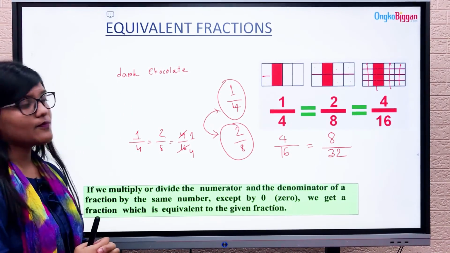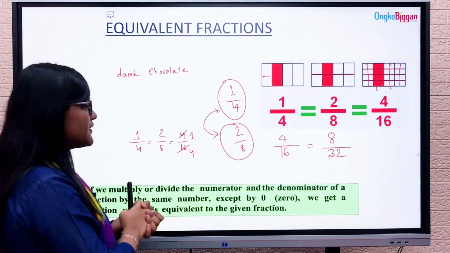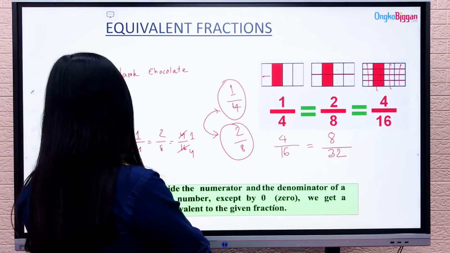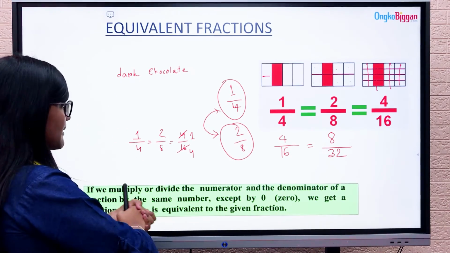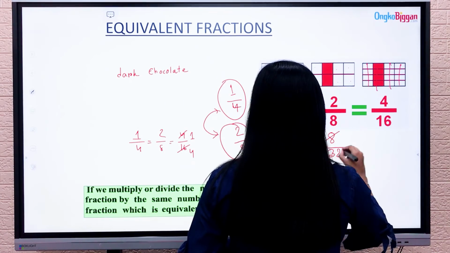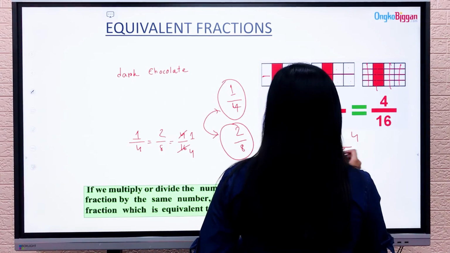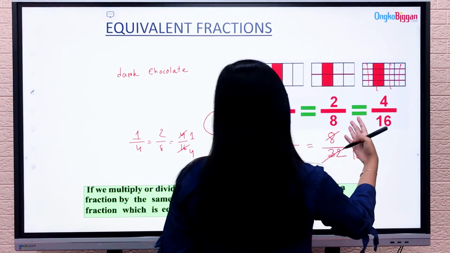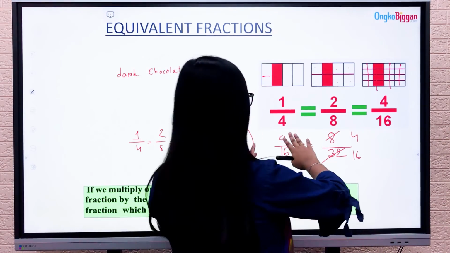So we can say, if we multiply or divide the numerator and the denominator of a fraction by the same number except 0, we get a fraction which is equivalent to the given fraction. Like here you can say, if we divide 8 by 2, we will get 4, and also 32 by 2, we will get 16. So 4 by 16, we are getting the same equivalent fraction.